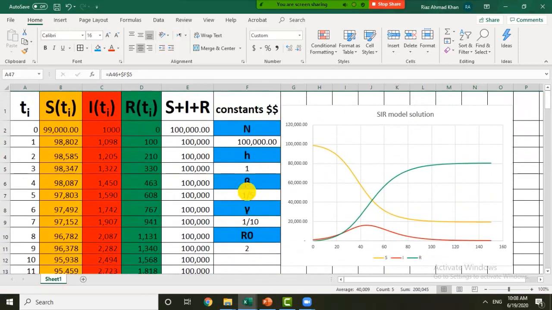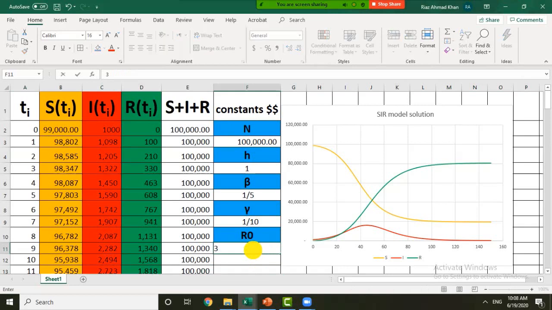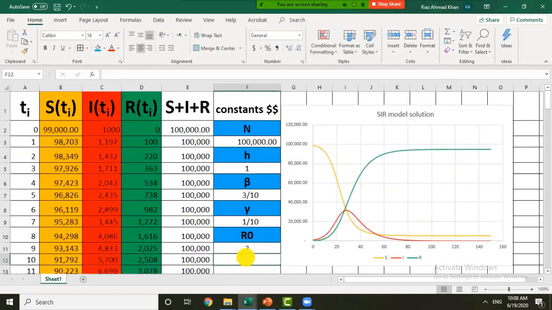And please note one thing more, that if we change, for example, R naught is equal to 3, it is the basic reproduction number, which means the number of secondary infections caused by one infected person. So in this case, this will be the graph, and we can also see the numerical values. We can compare this with the numerical values as well.